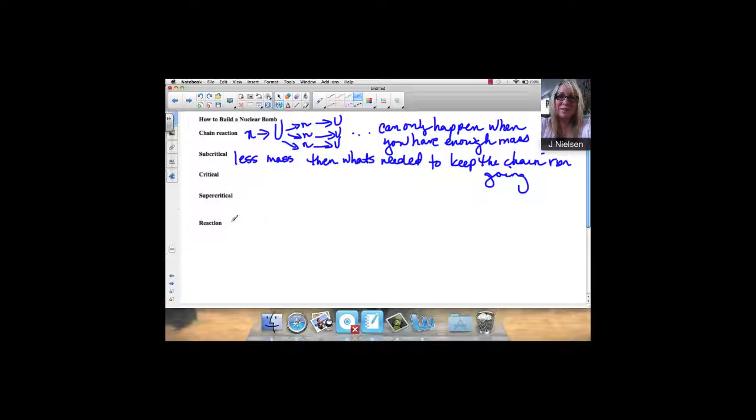Then you have what's critical mass. Critical mass is enough mass to keep the chain reaction going.